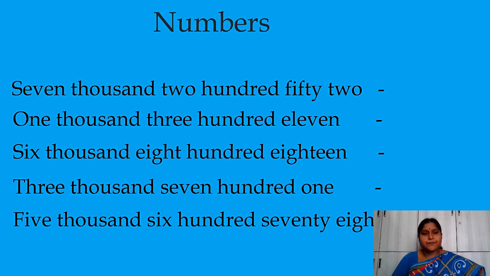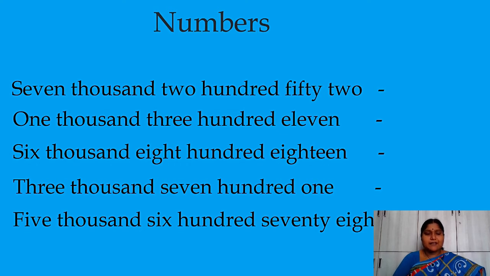Now see here, I only gave you the number names. You should write the numbers. Then here you should observe the places very carefully. Then only you should write the number. See first one, seven thousand. 1000 came, so you should write 4 digits in the number. 7252.